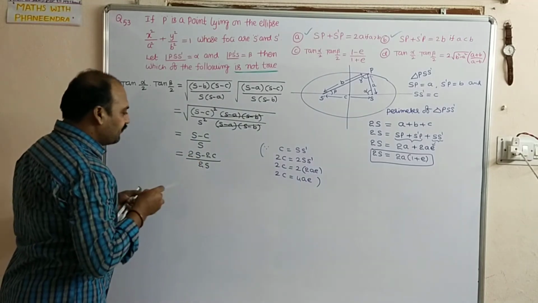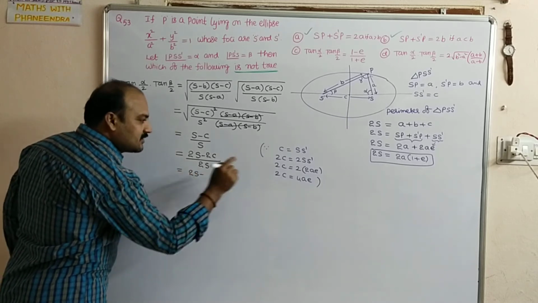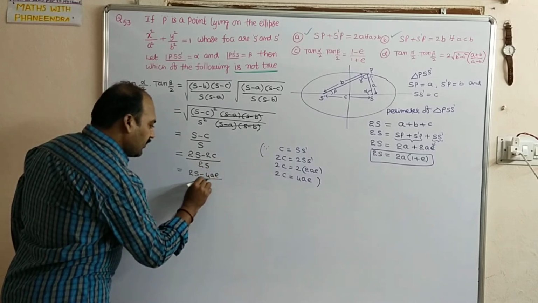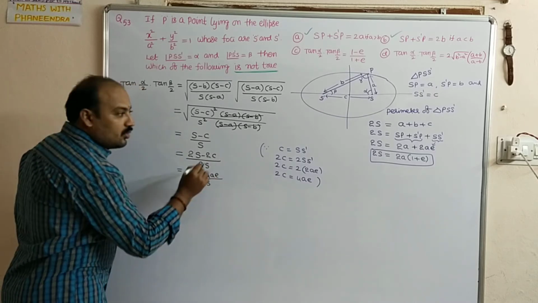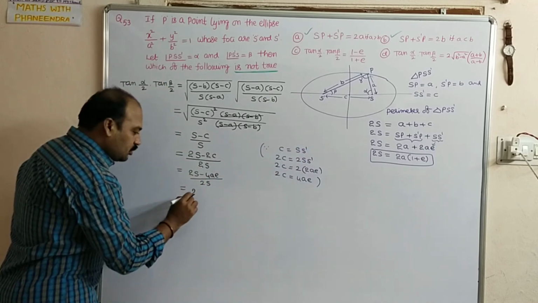So now, 2S minus 4AE divided by 2S. Now 2S value also we substitute. 2S value is 2A.